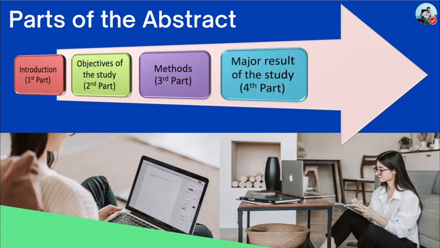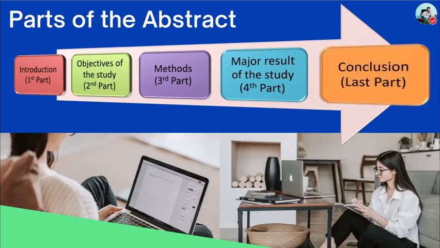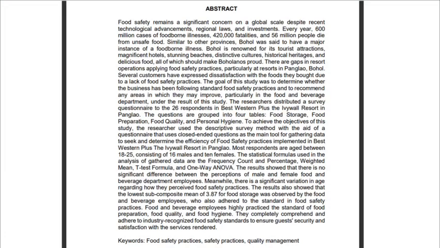The fourth is the major results of the study, the key findings, and the last part, the conclusion. So we will have an example here: introduction, objectives of the study, methods being used, major results of the study, and the last part, the conclusion. Let's take a look at this example.